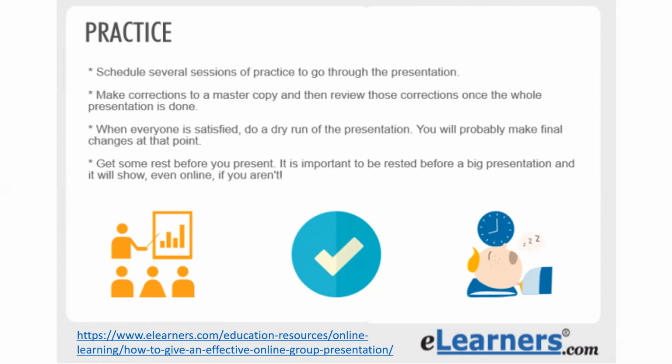So when everybody is happy, do a dry run of the presentation. A dry run means as if it's real. So you're going to do a practice of the presentation as if you are actually giving the presentation.